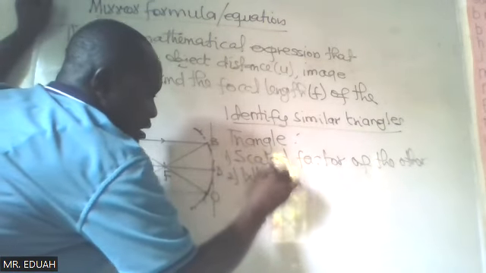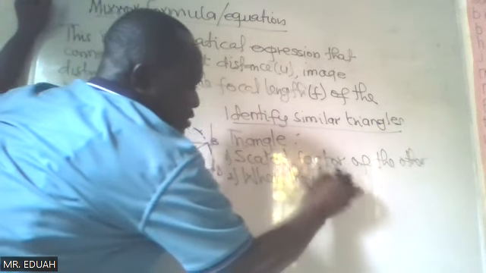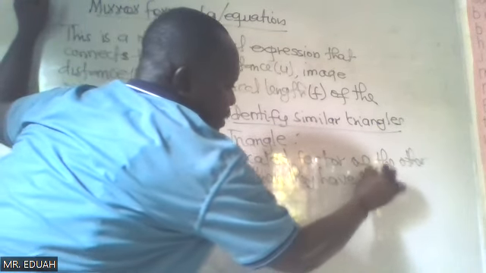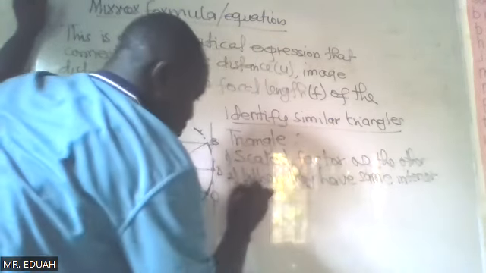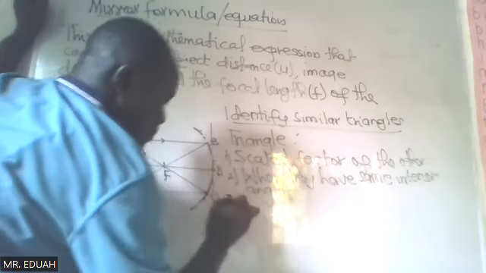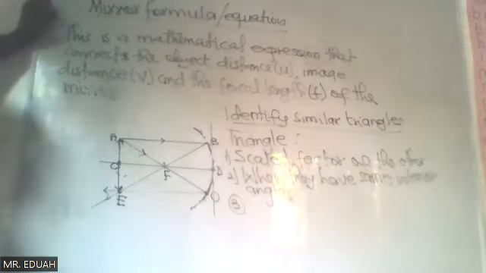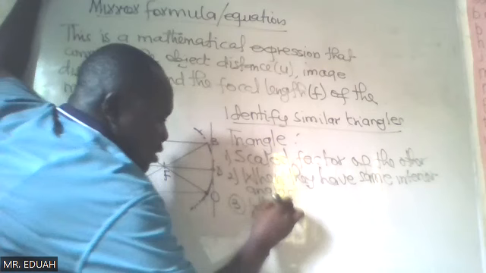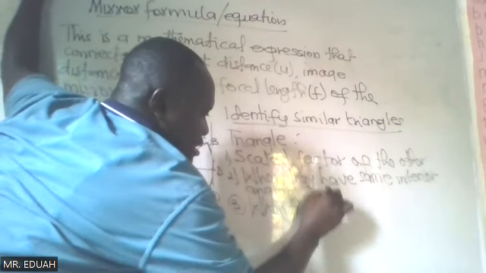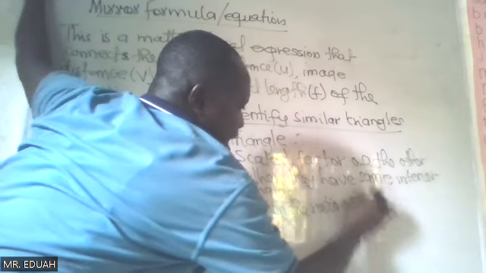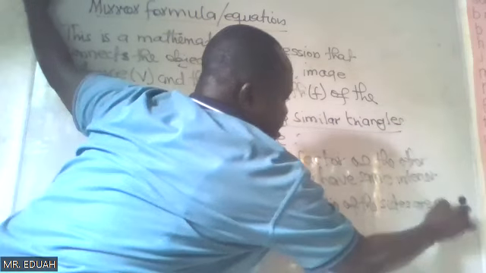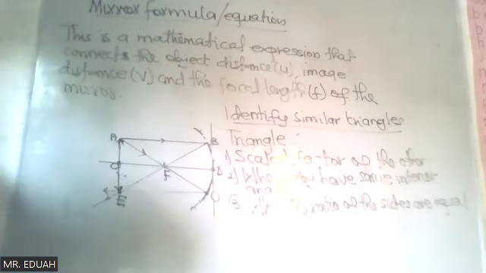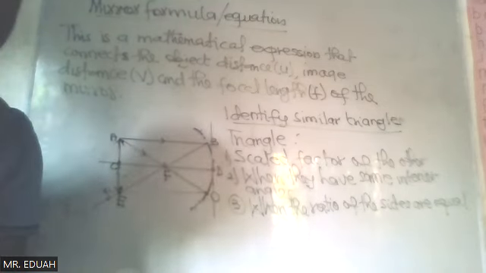And three, triangles are similar when the ratio of their sides are equal. This is how to identify similar triangles.